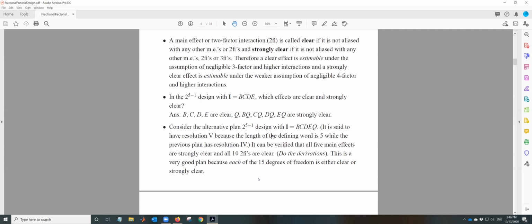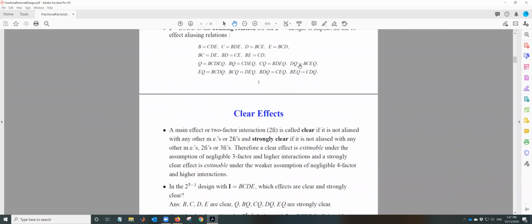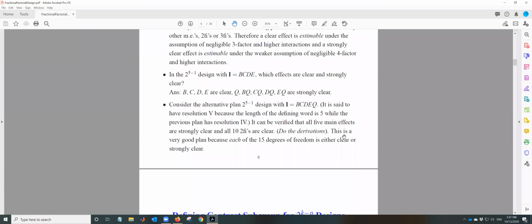This is resolution 5 because the defining word length is 5, but the length here is 4, so this is a resolution 4 design, and this is a resolution 5 design. It can be verified that all 5 main effects are strongly clear, and all 10 2-factor interactions are clear. You can do the derivations as we did here. This is a very good plan because each of the 15 degrees of freedom is either clear or strongly clear. This is a better plan than what we had before with BCDE, whose resolution is lower.